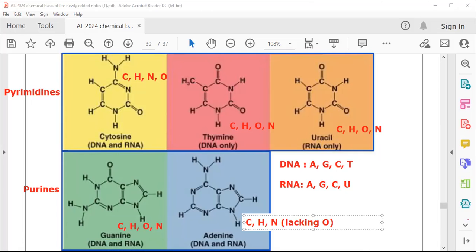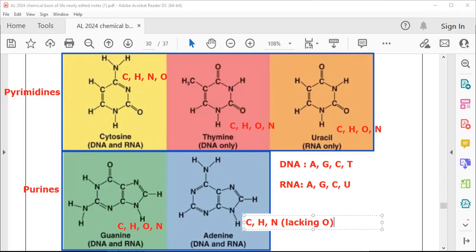An oxygen-lacking nitrogen base, who is it? Adenine. Who are the purines? Guanine and adenine. Who are the pyrimidines? Cytosine, thymine, uracil. Who are the large molecules? Purines.